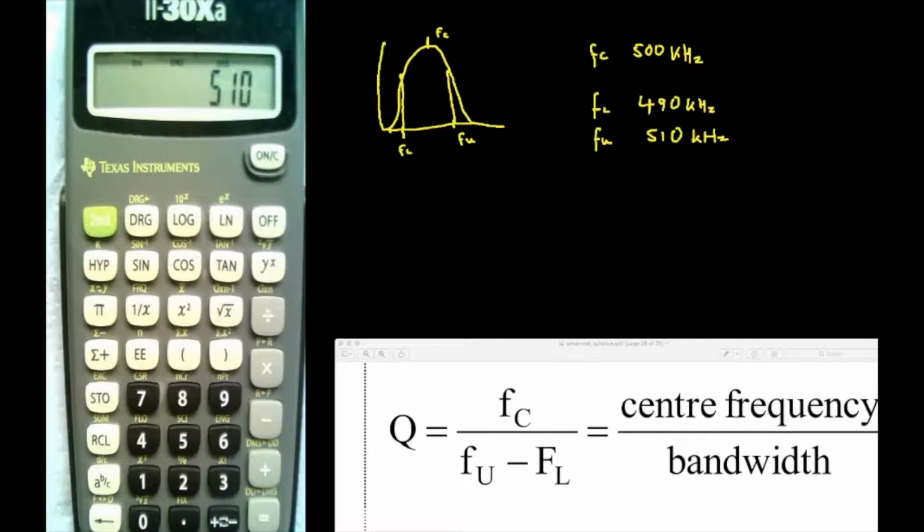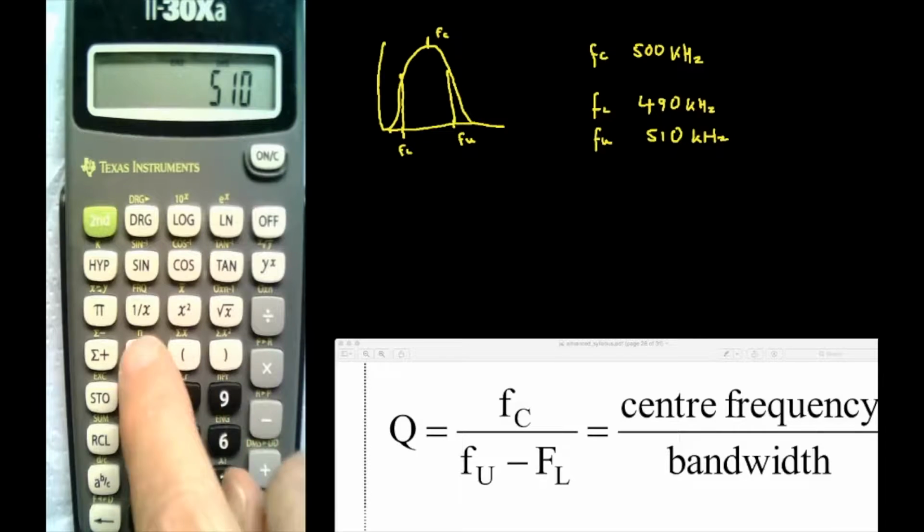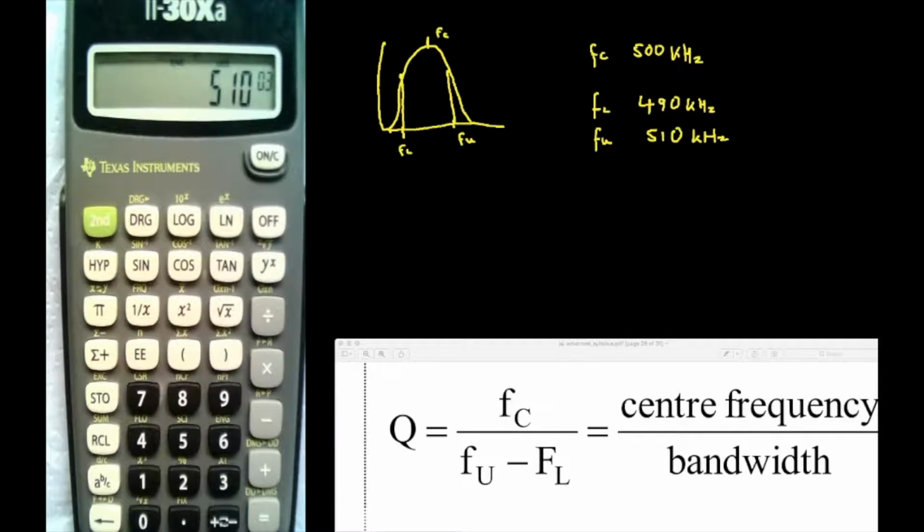Second function, engineering, 510 EE3 minus 490 EE3 equals, and that's 20 kilohertz. That's the bandwidth.